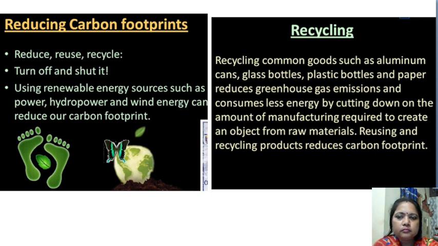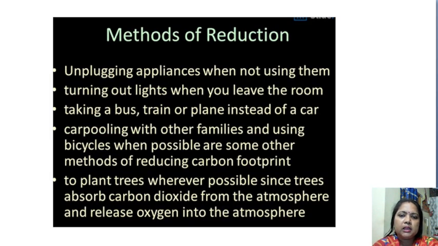Okay, so come to the next part, that is methods. What are the methods to reduce the global footprint, or carbon footprint? So unplugging appliances when not using them is one important method.